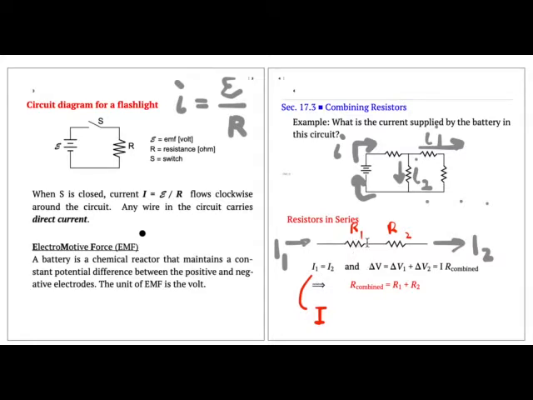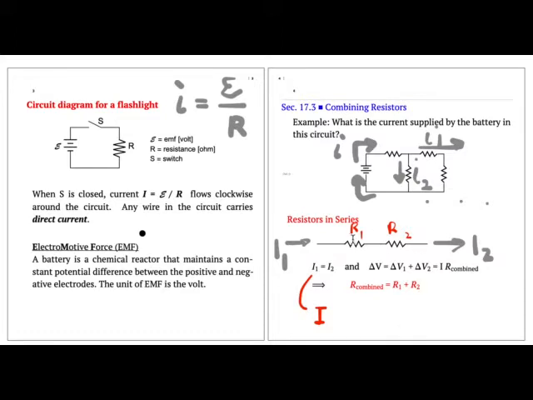All right, so this potential difference is IR1, and this potential difference is IR2. And the potential difference across the two resistors is delta V1 plus delta V2. So there's a potential difference across R1, delta V1, across R2, delta V2.